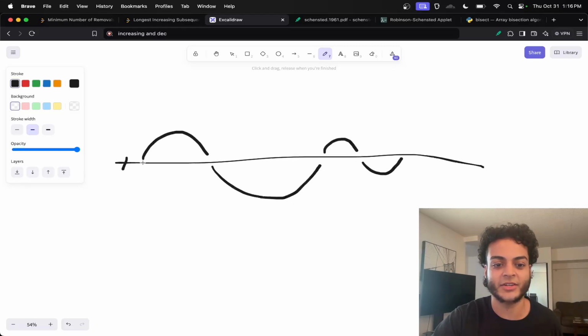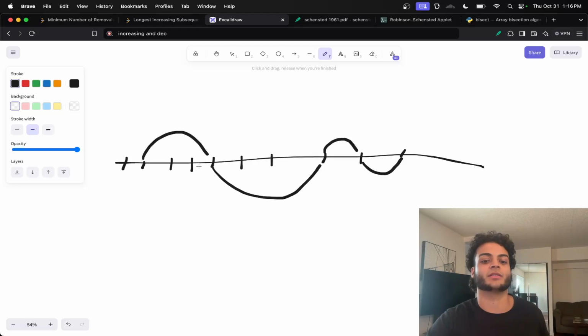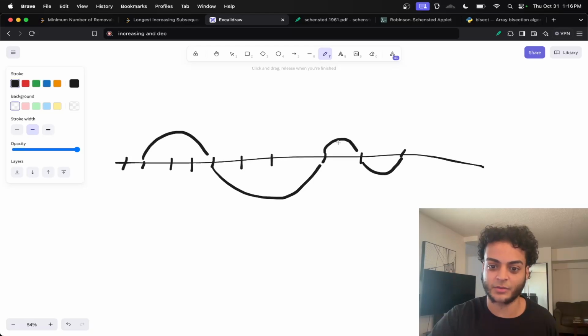So we would imagine that there are elements at various positions in our array, but we skip some of them maybe because they wouldn't form an increasing subsequence or because there are better numbers to choose. But these specific numbers form the longest subsequence that's increasing that we possibly could have.